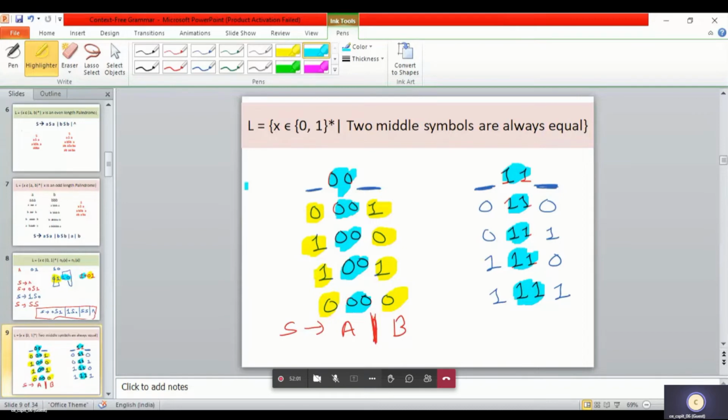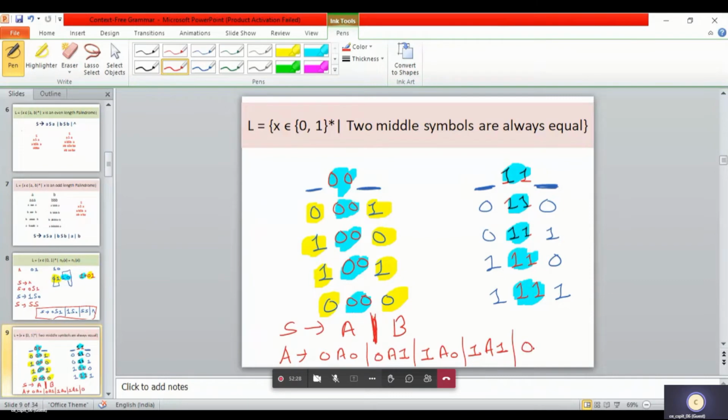Now, what we have to do, from A, I can generate 0 on the left hand side and 0 on the right hand side. I can generate 0 on the left hand side, 1 on the right hand side. I can generate 1 on the left hand side, 0 on the right hand side, and 1 on the left hand side and 1 on the right hand side.